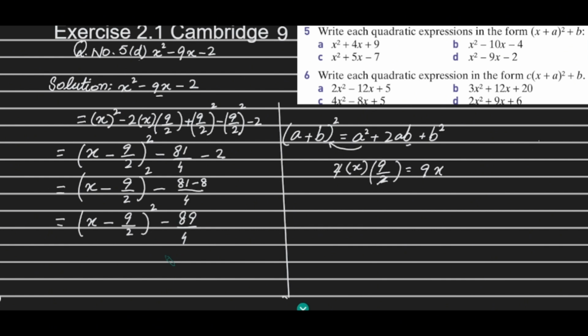This is the answer. This is the form we are asked: (x plus a) squared plus b. We can compare: this minus 89 by 4 is b, and this is like (x plus a) squared. Here maybe plus, maybe negative sign.